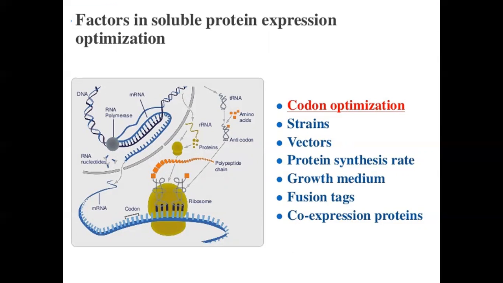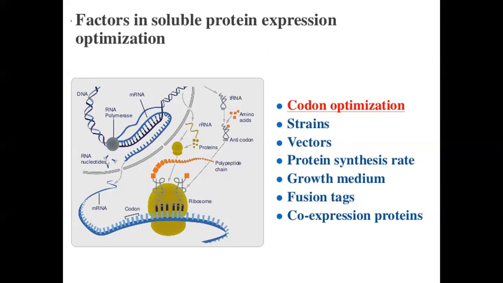For proper folding, there is another mechanism, a system of proteins called chaperones or foldases. These two classes of protein play an important role in in vivo protein folding. So these are the factors which can influence protein optimization in our experiments.